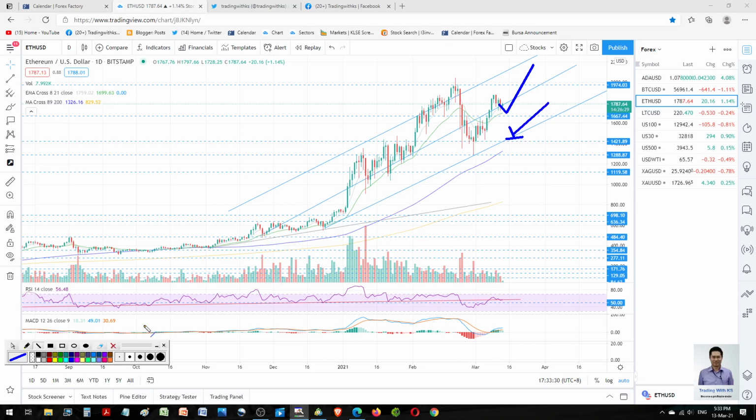A rebound over these two areas, possible to buy. So now the price is creating something like a flag, a breakout of the flag, possible opportunity to buy.